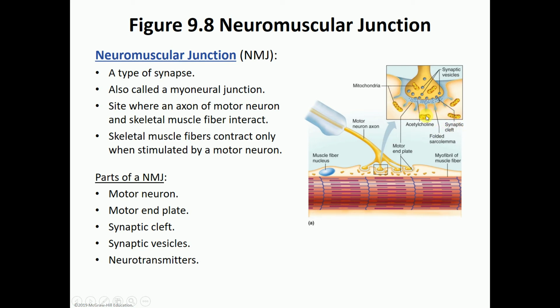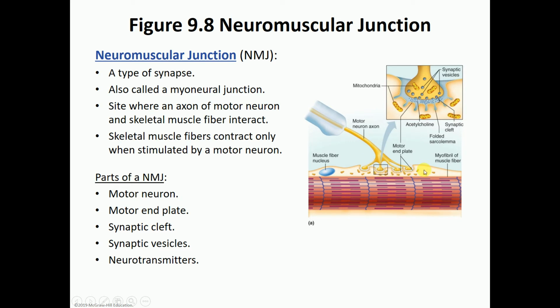On the muscular end, again we have these waves, and on them you will find receptors. These are acetylcholine receptors, also known as cholinergic receptors. So your parts, again: you have your motor neuron, the motor end plate, which is part of the sarcolemma.